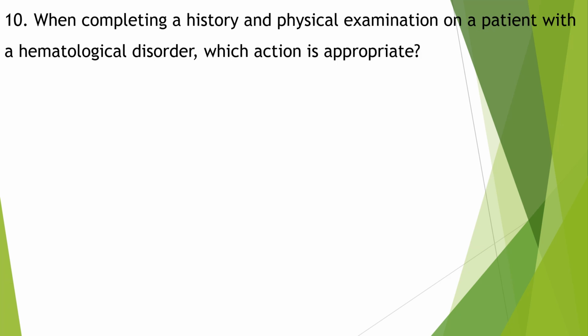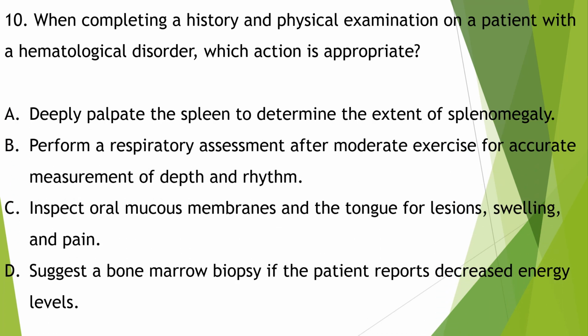When completing a history and physical examination on a patient with a hematological disorder, which action is appropriate? Deeply palpate the spleen to determine the extent of splenomegaly. Perform a respiratory assessment after moderate exercise for accurate measurement of depth and rhythm. Inspect oral mucous membrane and the tongue for lesions, swelling and pain.